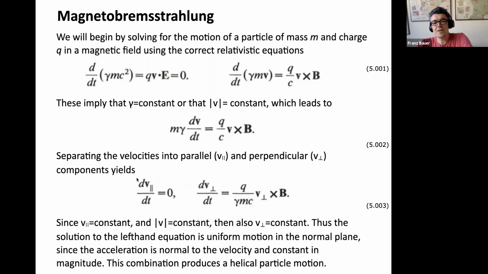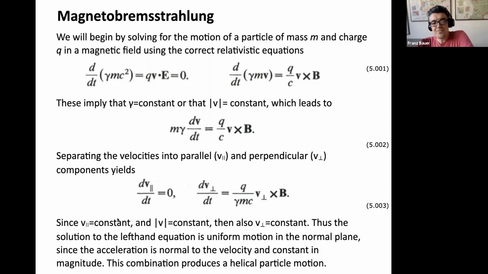It turns out that the parallel component is going to have a time derivative of 0. The perpendicular component is going to have a non-zero component, which is related to the velocity cross product with the magnetic field. So what we're seeing is that in this perpendicular direction to the velocity that this is traveling, that's where this change comes from.